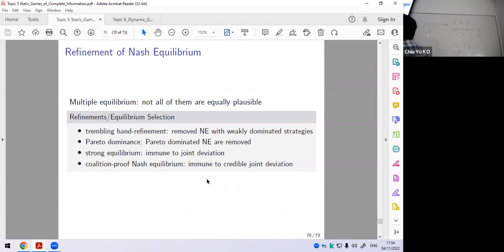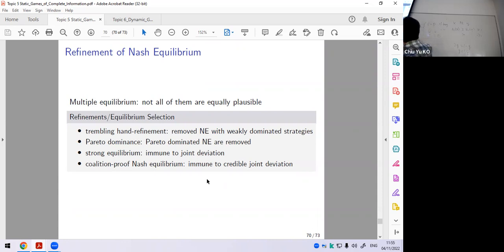The following. You have strategies, say A and B and C and D, pair 1, pair 2. Here I talk about a pure strategy game. So what do you mean by Trembling-Hand refinement?